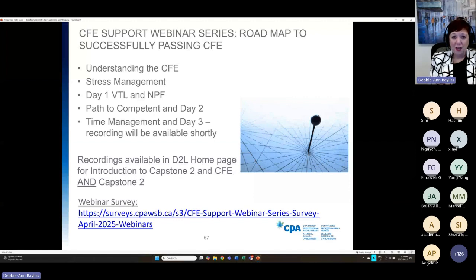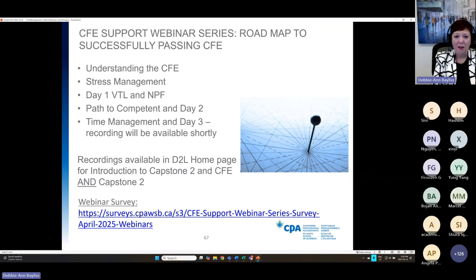And the prioritizing has to be guided by the CPA competency map. And when you're looking at it, be honest with yourself. Lots of times we spend time on things that we know well already.